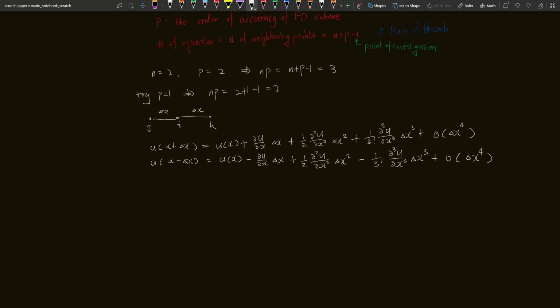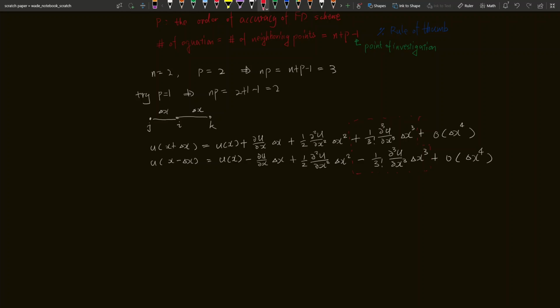So we notice something special. Here is the third order derivative of u. You can see that this term is automatically cancelled if we add them together. So it doesn't matter for the order of accuracy, it will always be cancelled.